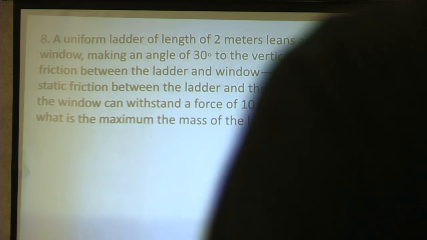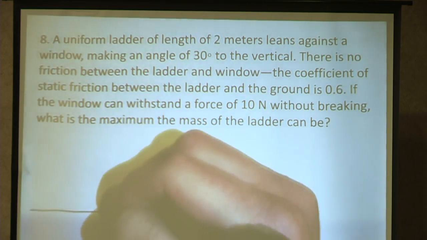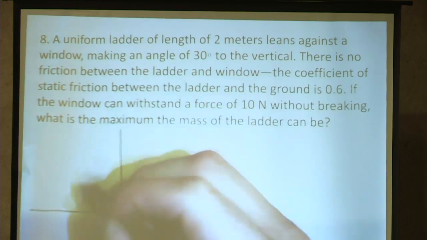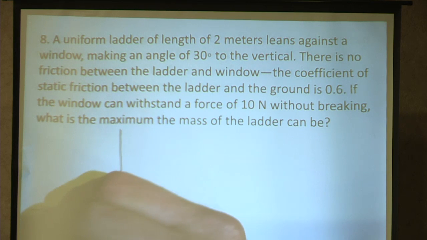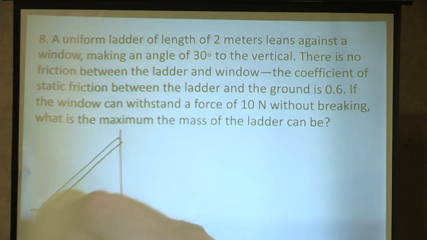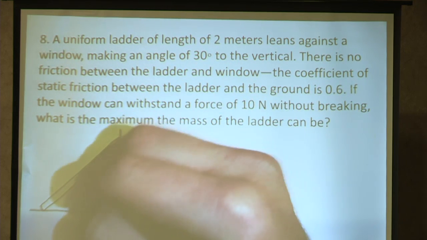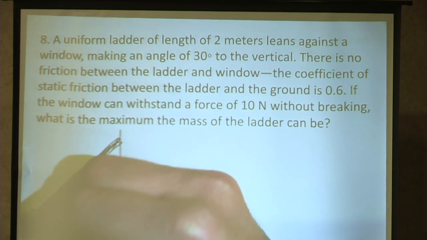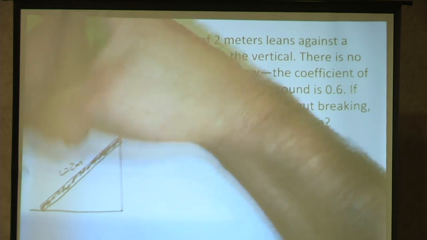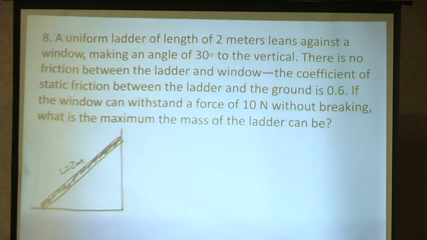All right, bear with me. Let me draw this out. The ladder goes up like that, right? All right, that's the ladder. We know it has a length of 2 meters, and it makes an angle of 30 degrees to the vertical.